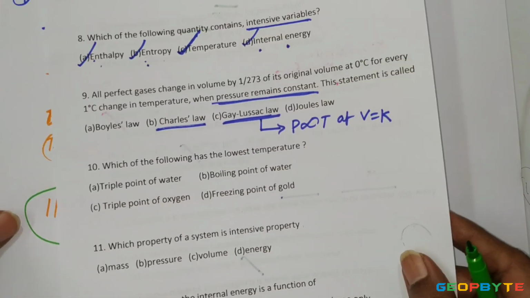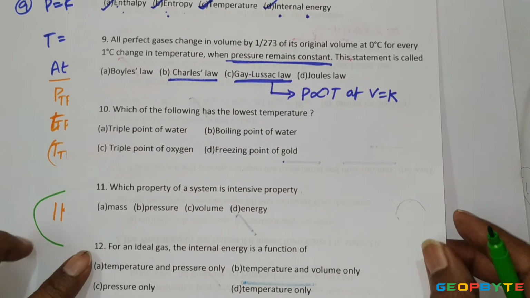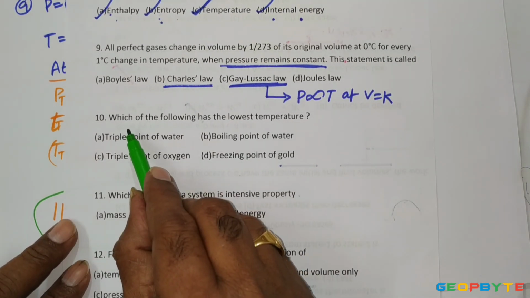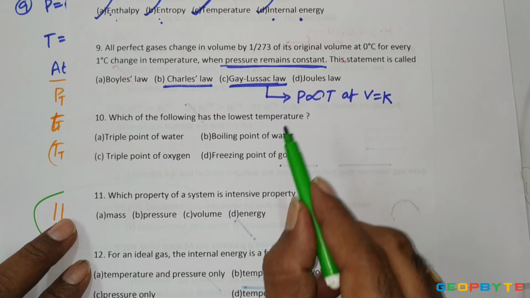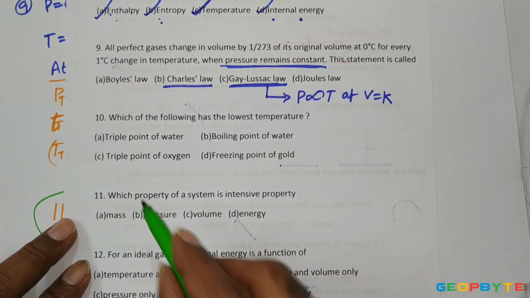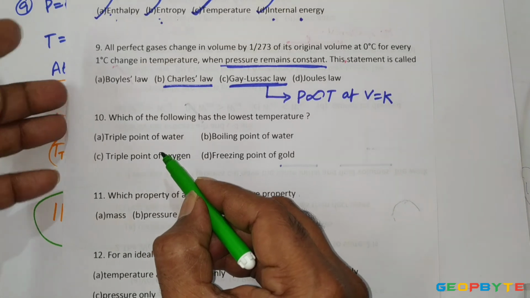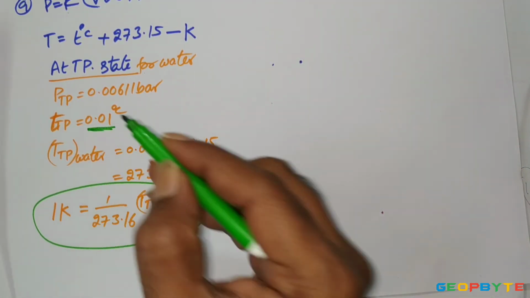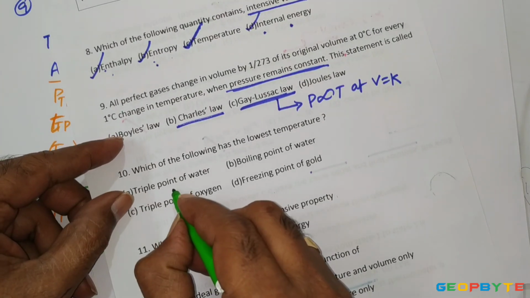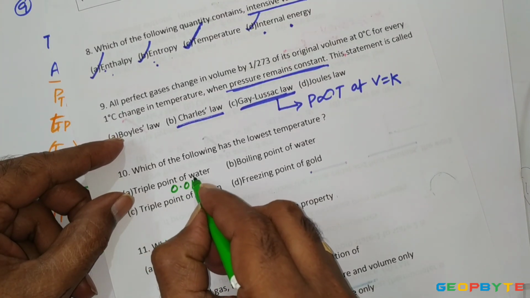Now look at the 10th problem. The 10th problem is, which of the following has the lowest temperature? Triple point temperature of water is 0.01 degree centigrade.